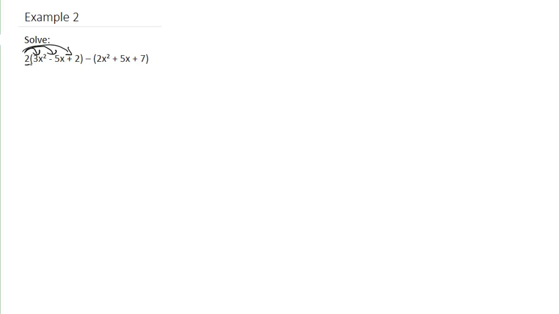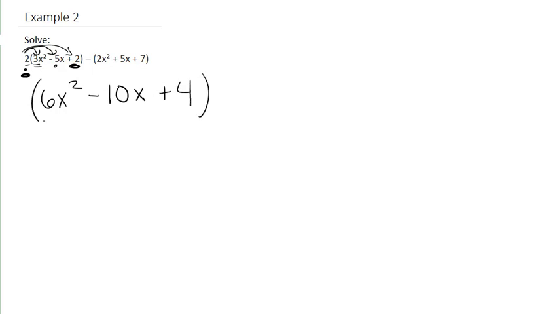So here we have 2 times 3x squared, so that gets us 6x squared. Next we have 2 times this negative 5x, so that equals negative 10x. Then we have this 2 times this other 2, which is equal to plus 4.